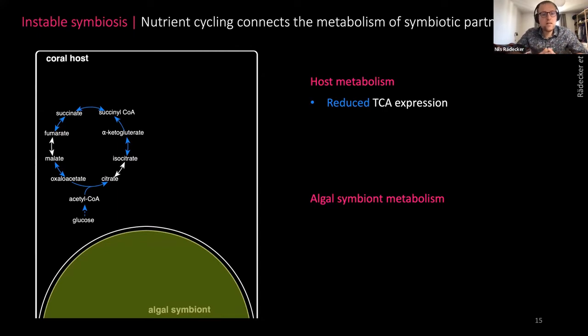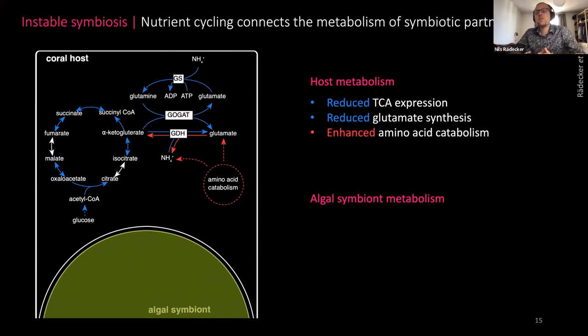Closely linked to the TCA cycle and energy availability as a whole is, of course, the amino acid metabolism. So we have the glutamate metabolism, which uses substrate from the TCA cycle, as well as energy to fix ammonium into glutamate, or the other way around, it can use glutamate as a substrate for the TCA cycle.